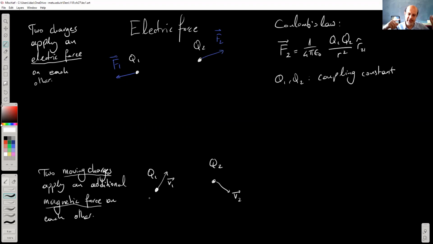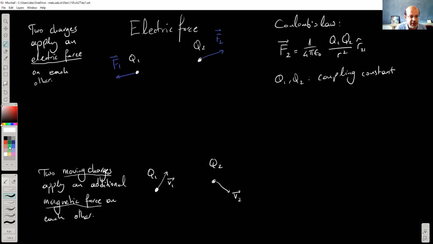But if both of the charges are moving, there's an additional force applied on the charges by each other. I say additional because the electric force is still there. That's one of the things that's complicated here. They still apply the force equal to the Coulomb's law expression, but there's an additional force.